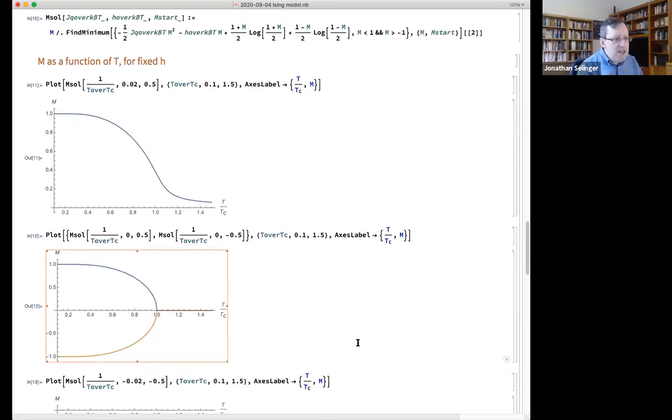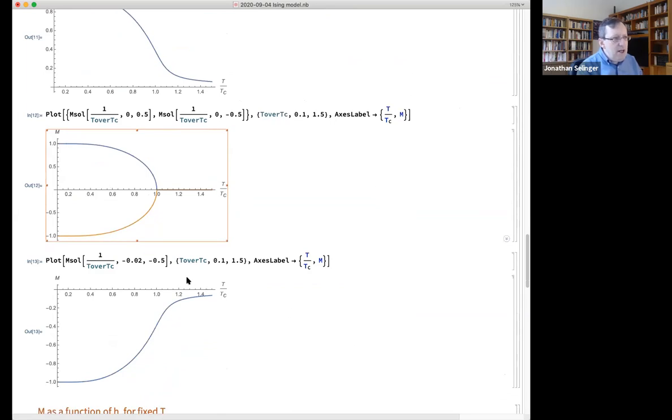Now, what if the field is negative? Well, then it just goes the other way. So if the field is negative, then at high temperature, you have a little bit of negative magnetic order. And as the temperature decreases, you get more and more negative magnetic order.